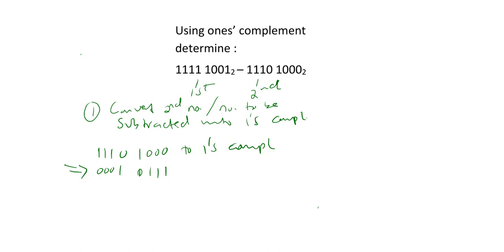Now after that, in step 2, you add the one's complement gotten in step 1 to the first number. So we take the first number, and we add the one's complement that we have gotten in step 1.